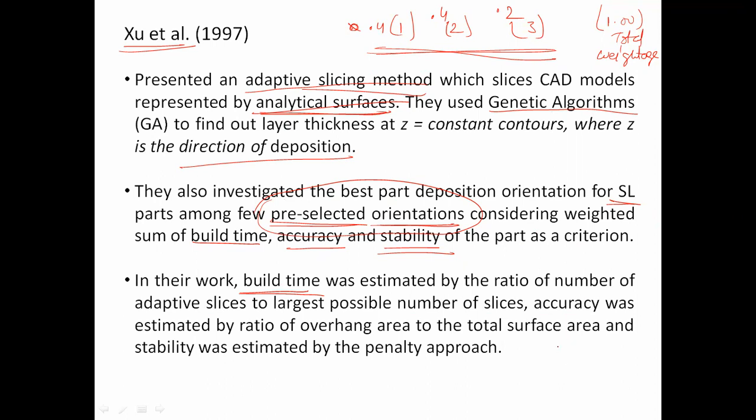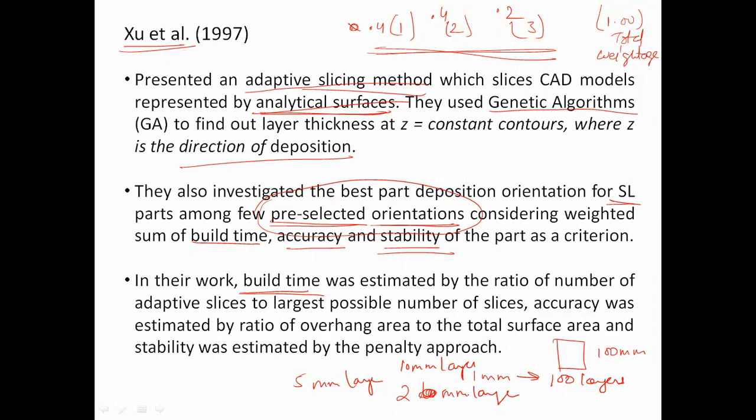Suppose you have a part of say 100 mm and you have a layer of 1 mm. So you will get 100 layers. But if you go for adaptive slicing, somewhere you can put 20 layers, like a 2 mm layer. Somewhere you can put a 5 mm layer. Somewhere you can also put a 10 mm layer.